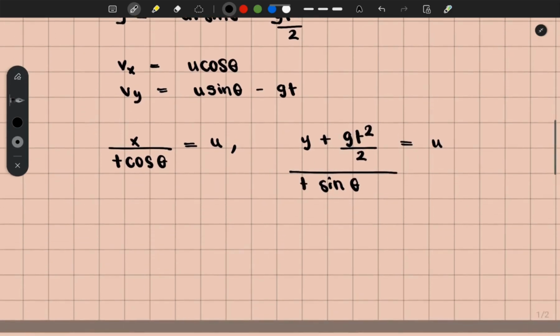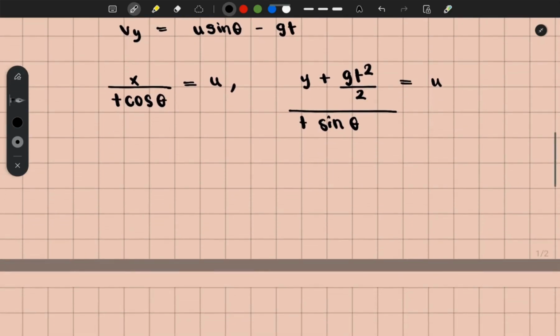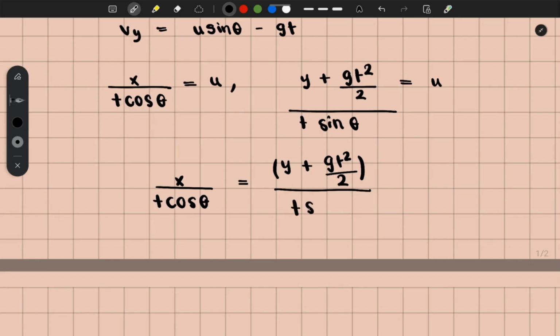So as you can see, both of these equate to the same thing, so we can therefore set them equal to each other. So x divided by t cosine theta is equal to y plus gt square divided by 2 whole divided by t sine theta.